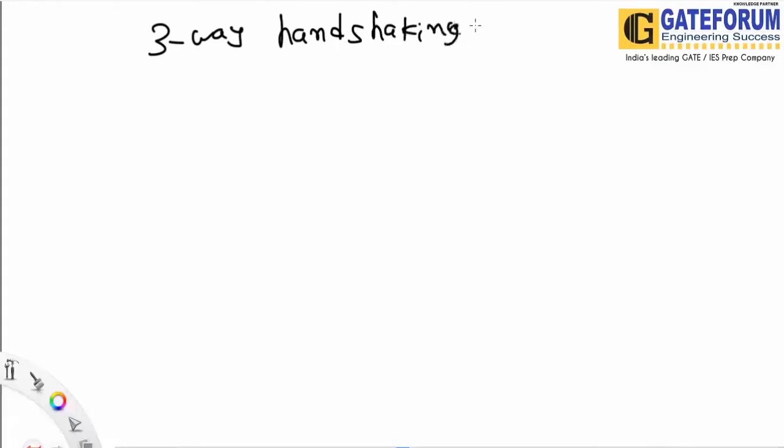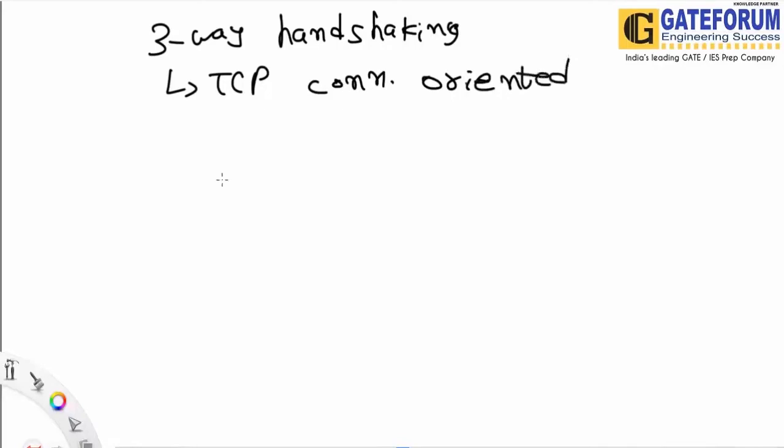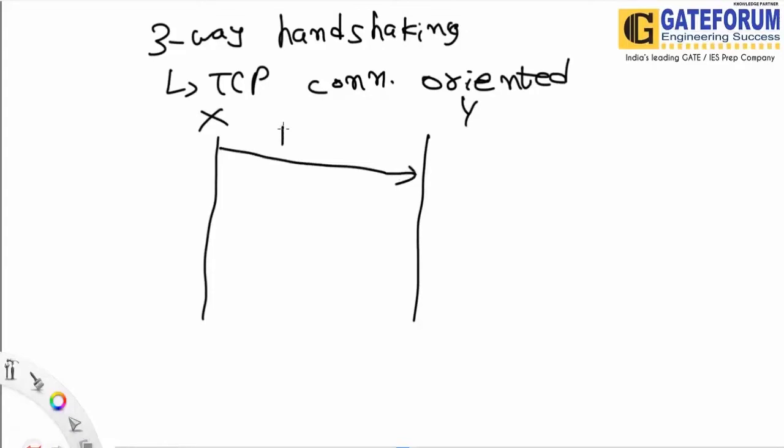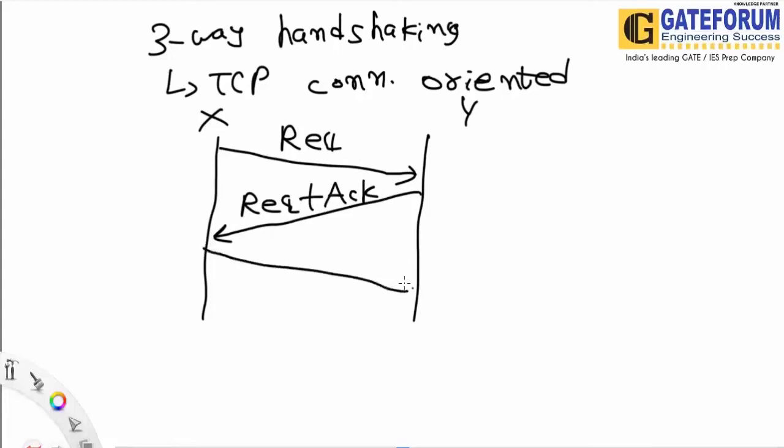So this happens with the TCP connection oriented mechanism, in which we have two parties, let's say X and Y. First of all, X sends the request, then Y sends the request plus acknowledgement of that request, and then X sends the acknowledgement.